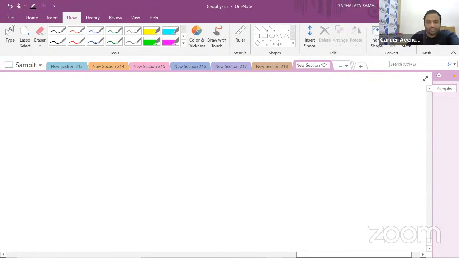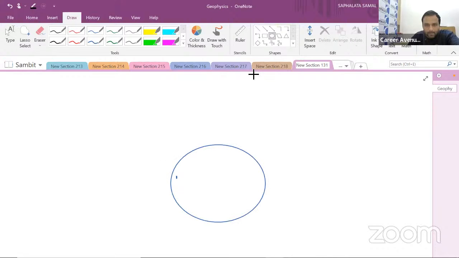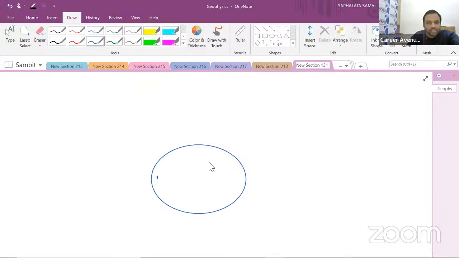But what is geodetic latitude? Because the Earth's shape is a little bit ellipsoidal, it will be like this, for example. So this is my equatorial plane, and let's say this is the center over here.